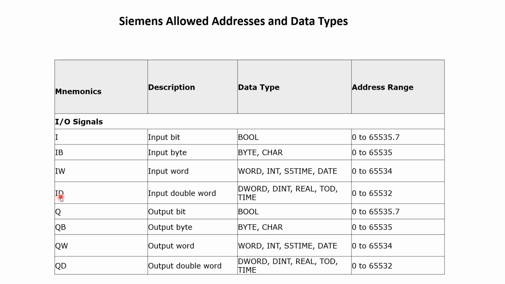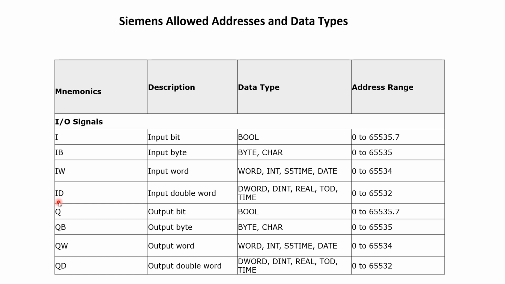If we look at ID 0, if I were to address the whole 32-bit card, it will be ID 0, which tells me that that address comprises the first word, which is word 0, and word what? Talk to me.